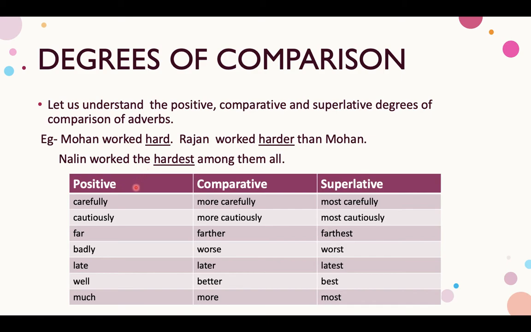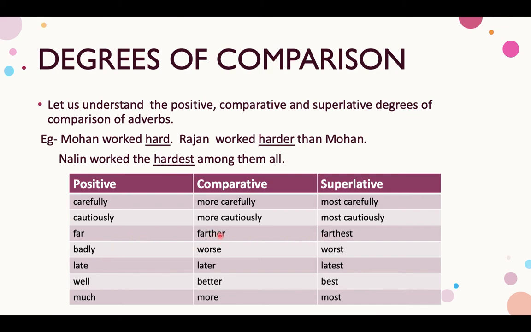Now children, you can see some examples of positive, comparative and superlative degrees. For example, there is the word carefully. We can add the word more. So more carefully becomes comparative. With some words we can add more and most: more makes the comparative, and with most we can make the superlative degree. But there are some words with which we add er, like far becomes farther.